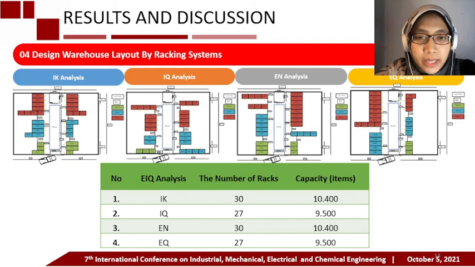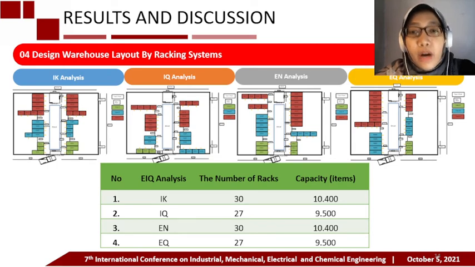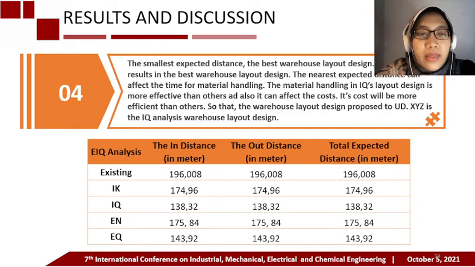In the table, we can get information that IQ analysis and EQ analysis have the same number of racks and the same capacity, the minimized number of racks and the minimized capacity. And then for the fifth step, we must calculate expected distance with the Euclidean distance.